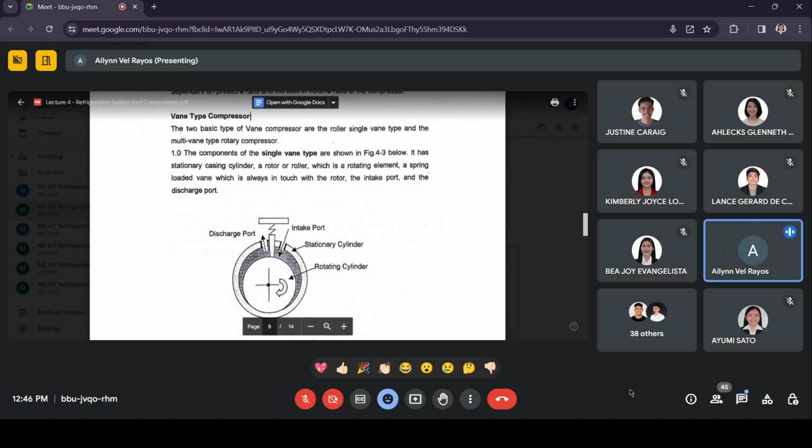Okay? So, I will assign na lang pala per group who will share and search for the animation na lang and then send na lang sa GC yung link. For group 1, assign muna natin. Tapusin muna natin to hanggang sa centrifugal.